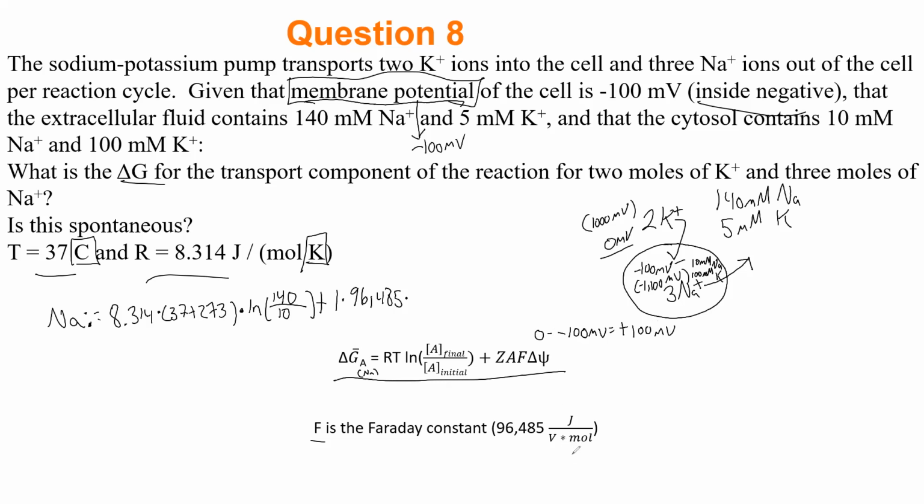Now, one more complication to throw on there. Faraday's constant is in volts, so we can't be in millivolts, we need to be in volts. So here, our change in membrane potential is 0.1 volts.